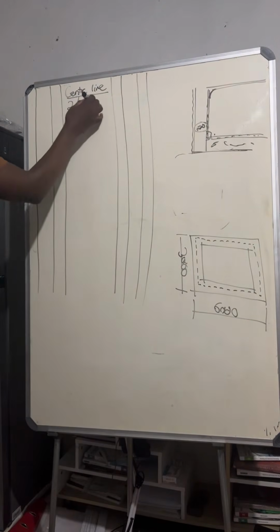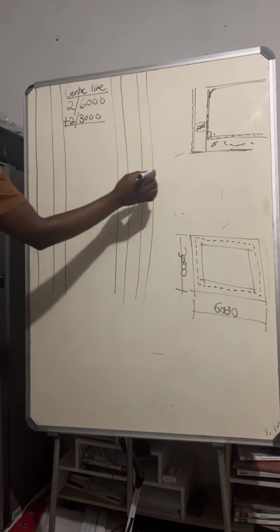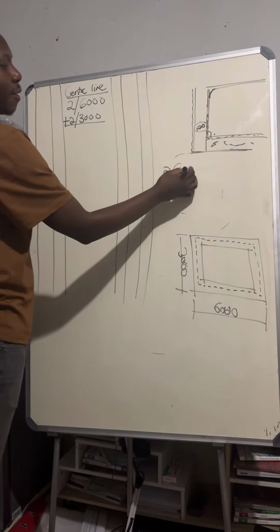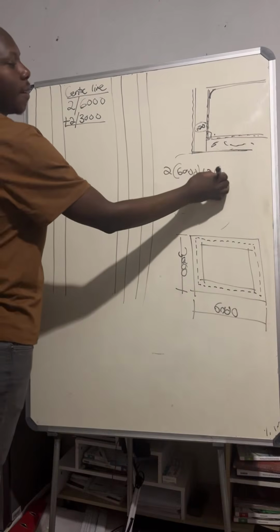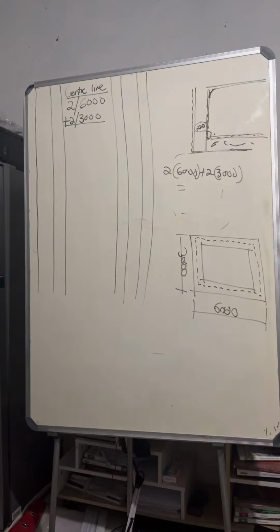It's 6,000. Then plus 2 by 3,000. This is what you calculate normally in mathematics. What is the answer? We are still calculating the main perimeter. 18,000.